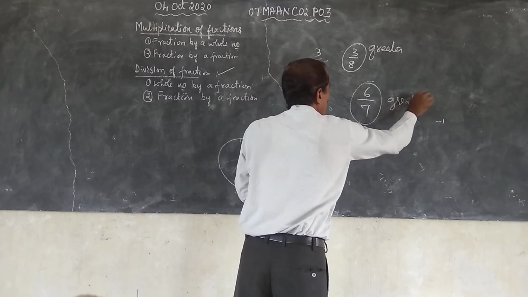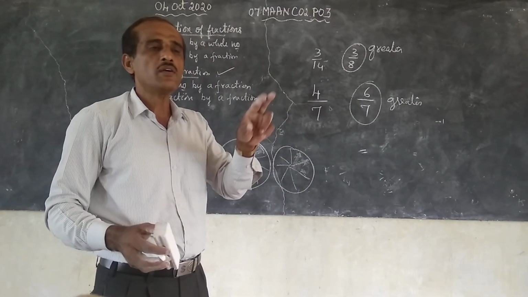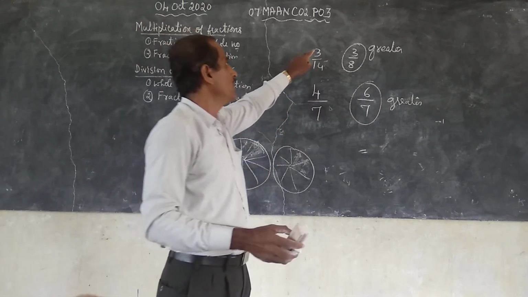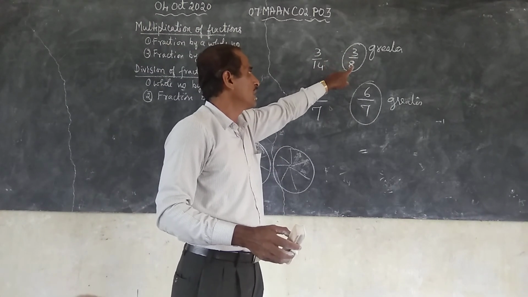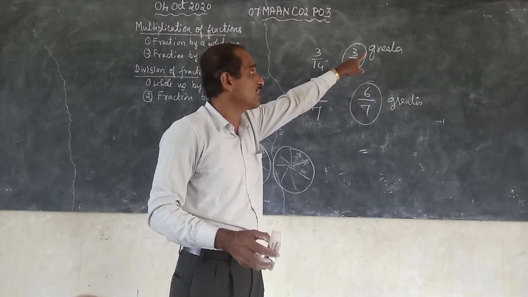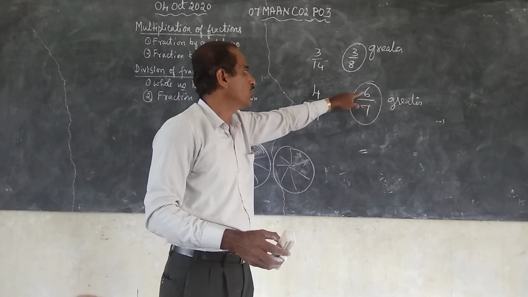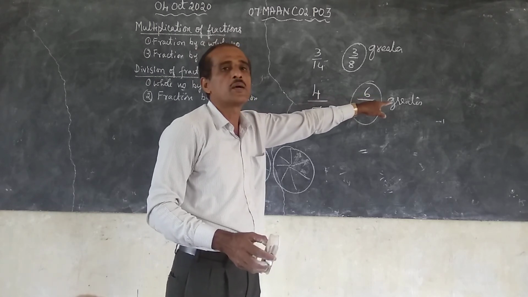Remember how to identify which is greater among two fractions. If the numerators are same, then the denominator having the smaller number gives the bigger fraction. If the denominators are same, then the numerator having the bigger number gives the bigger fraction.